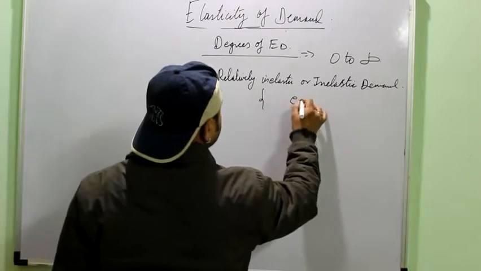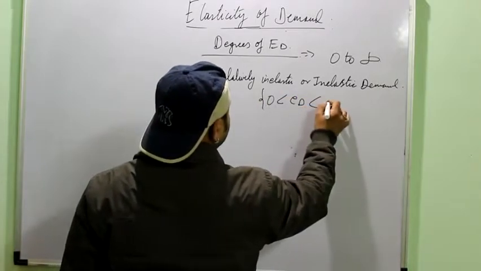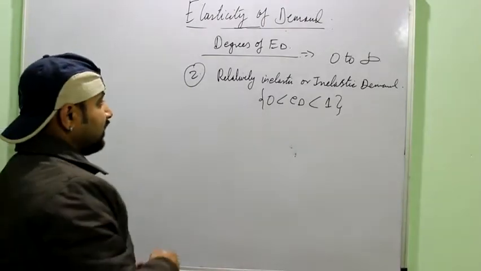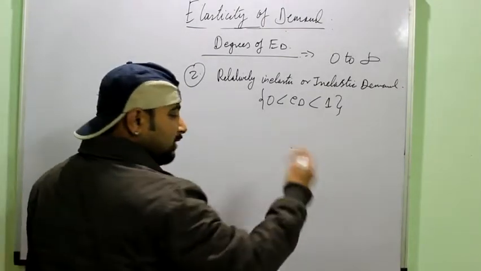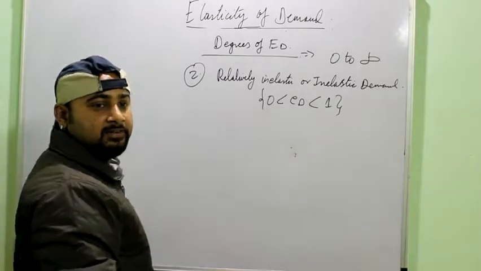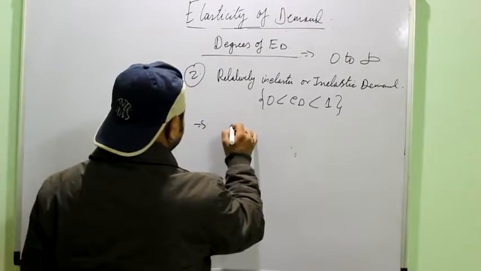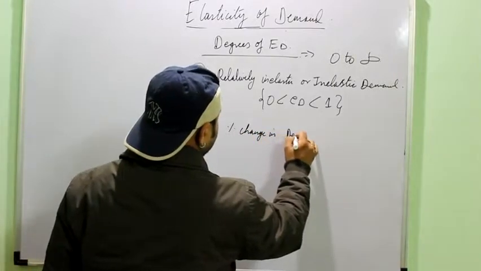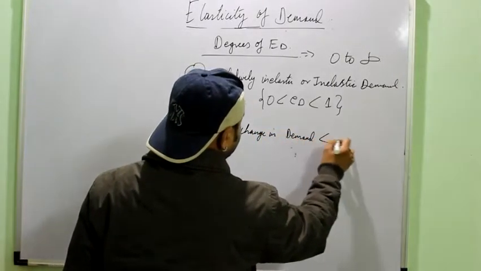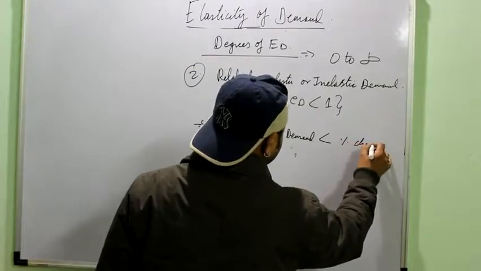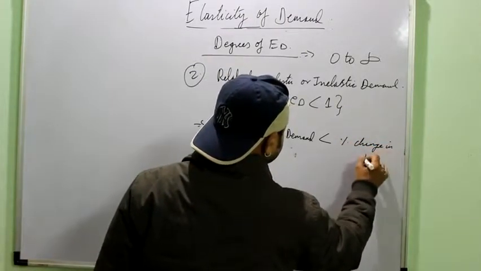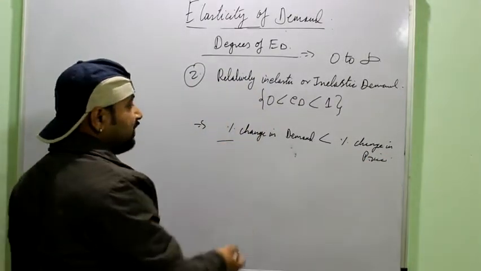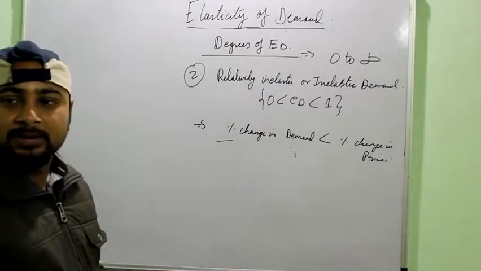Mathematically, ED is greater than 0 but less than 1, right? It means that it is more than 0 but the value is less than 1. I define it as when the percentage change in demand is less than the percentage change in price, or I can say proportionate change in demand is less than the proportionate change in price.